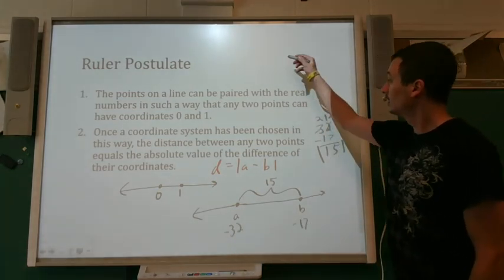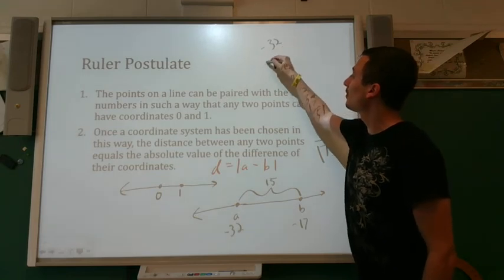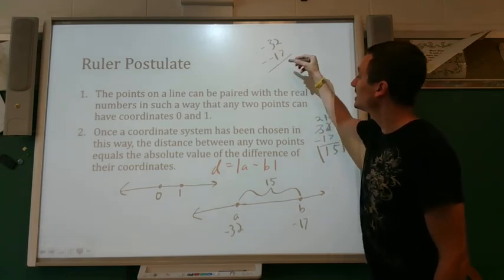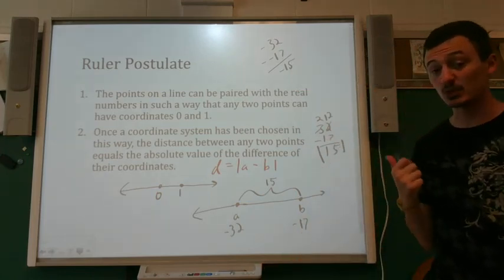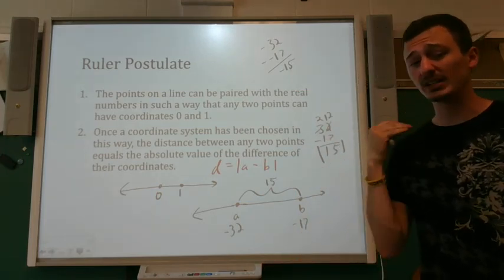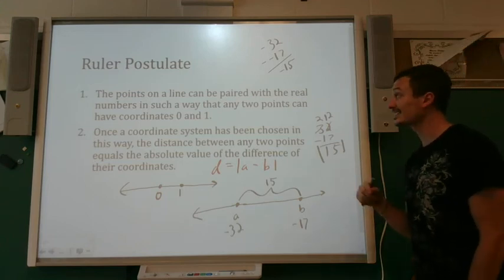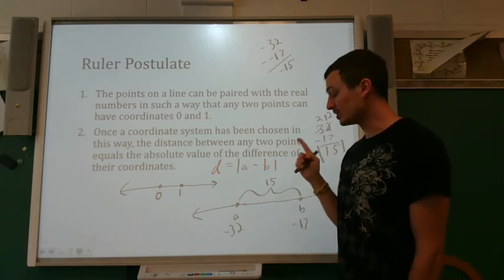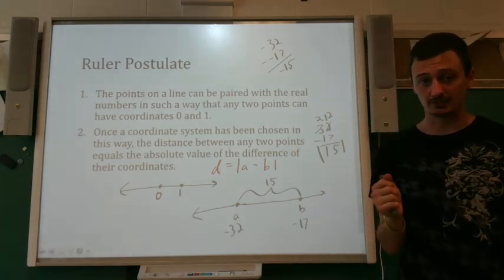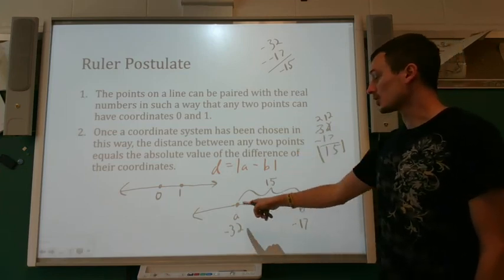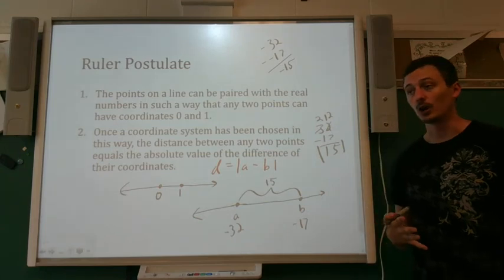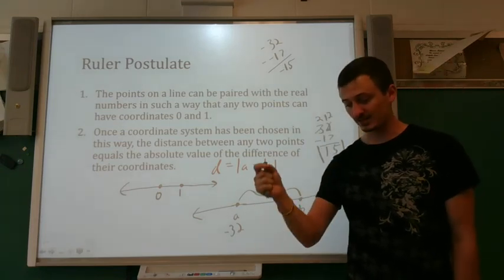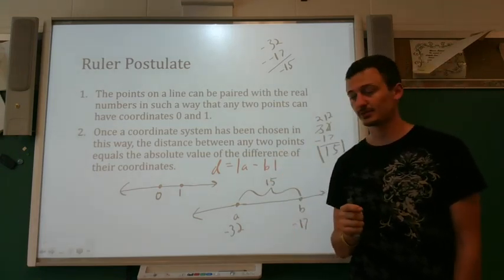Well, negative 32 minus negative 17 is negative 15. But the distance between 2 points is never going to be negative. So distance is always positive. So the distance always has to be the absolute value of the difference of the coordinates.